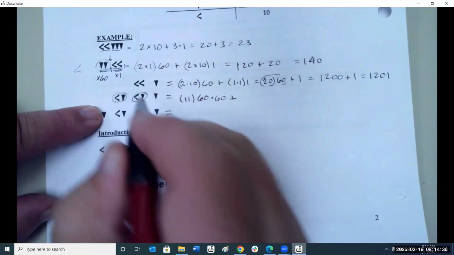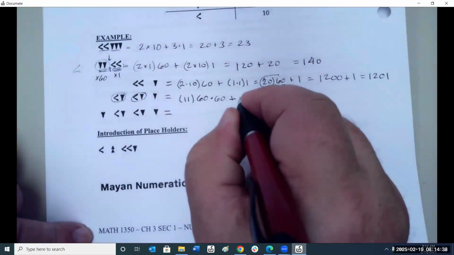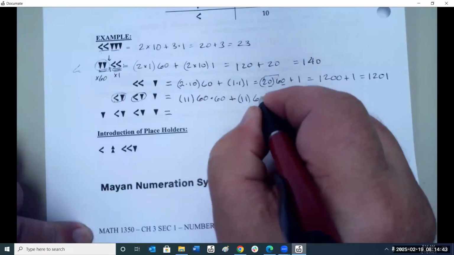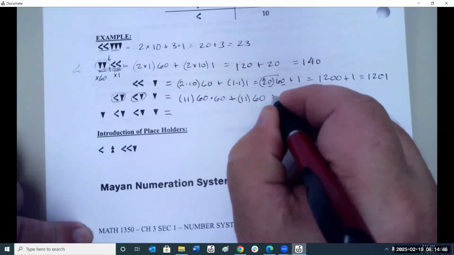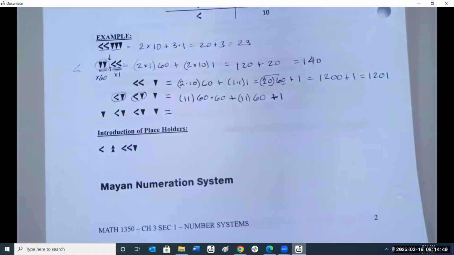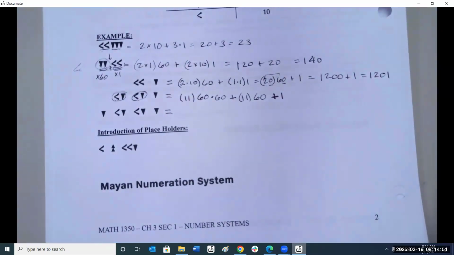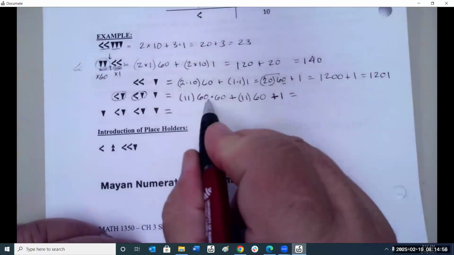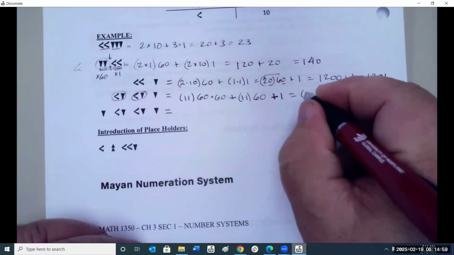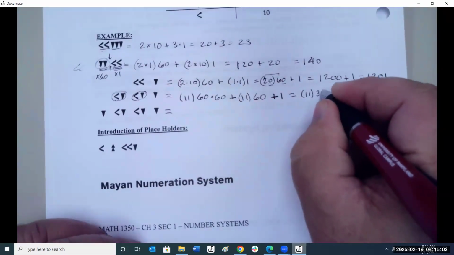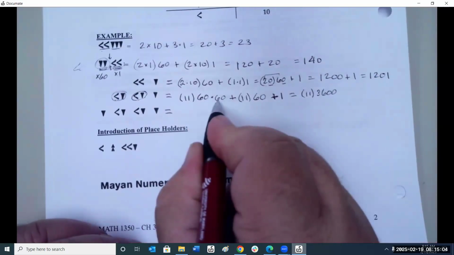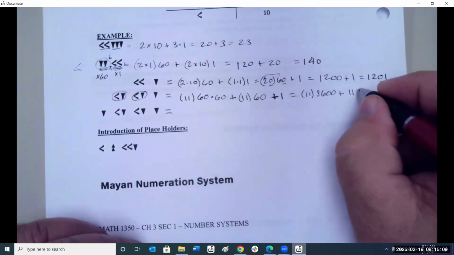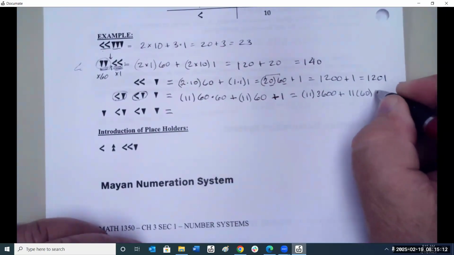Same thing here. We have 10 plus 1 is 11. It occurs times 60, then plus 1. So what is 60 times 60? 3,600. 36 with 2 zeros. 6 times 6 is 36 with 2 zeros. Then we have 11 times 60.